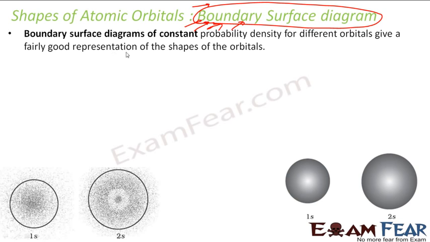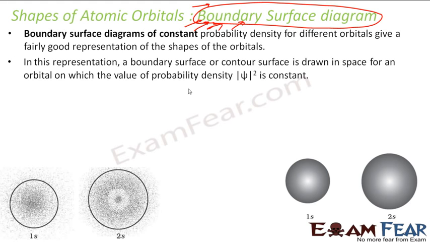The boundary surface diagram of constant probability density for a given orbital gives a fairly good representation of the shape of the orbital. This just gives you an imaginative shape of the orbital. In this representation, a boundary surface or contour surface is drawn in space for an orbital in which the value of probability density is constant.